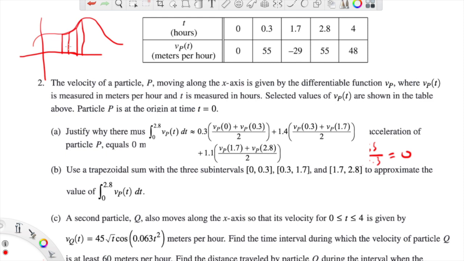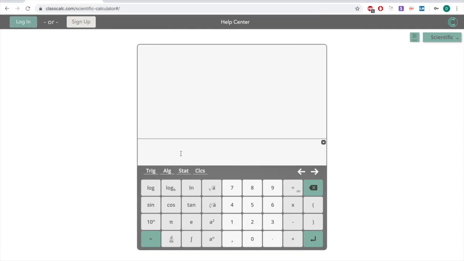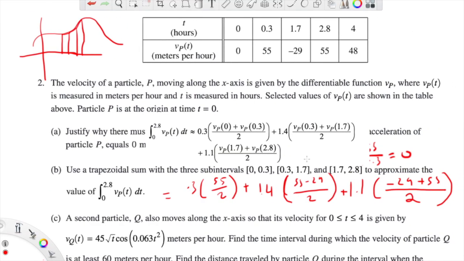For the first trapezoid, height 1 is the first base and height 2 is the second base, and VP of 0 is that height 1, VP of 0.3 is that height 2, and so on and so forth. From there, we can quickly plug that into our calculator. We get our answer of 40.75.